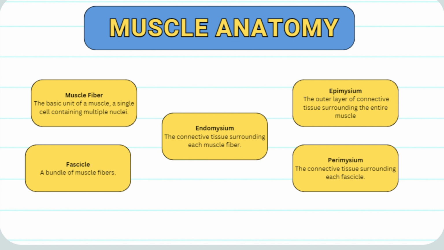The word epi, like in epidermis, means the outermost layer, whereas peri is normally in between or around, and when you see the word endo, it definitely means the innermost layer. You can see the definitions, like the epimysium, which is the outermost layer of connective tissue surrounding the entire muscle, and the perimysium, which is the connective tissue surrounding each fascicle.